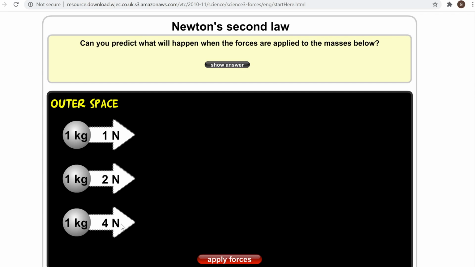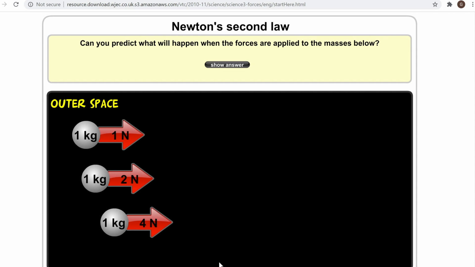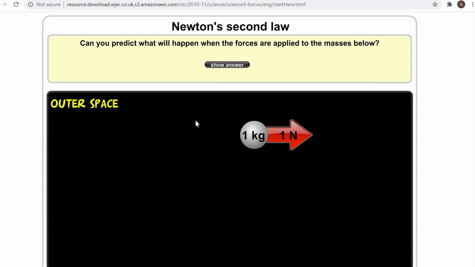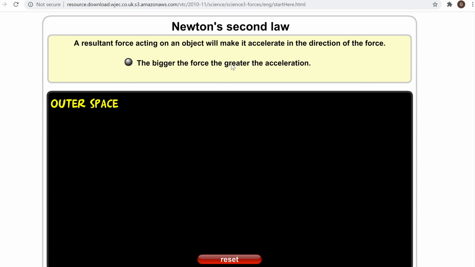Newton's second law of motion states that the acceleration is directly proportional to the force, meaning the bigger the force, the bigger the acceleration. Therefore, logic tells us that this 4 Newton force here will have the largest acceleration. And you can see that there. You can click on show answer to give a reason why as well. The bigger the force, the greater the acceleration.